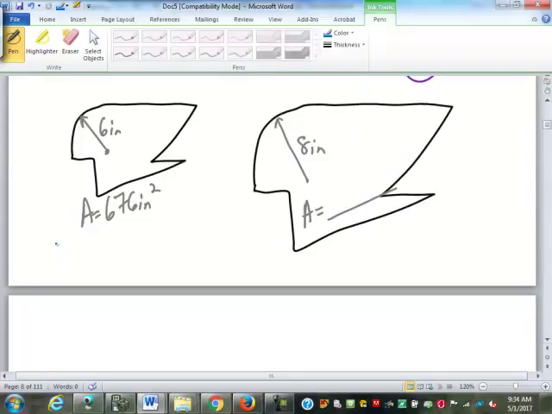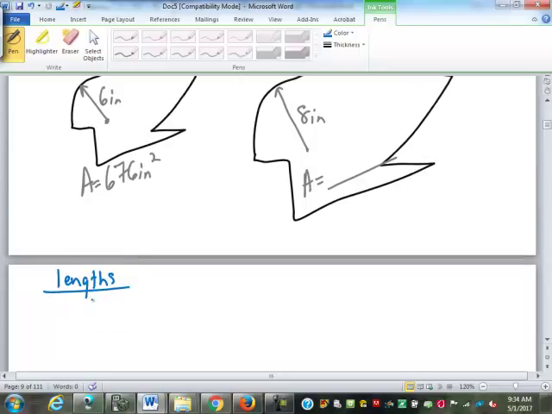Well, we start out looking at the ratio of lengths. The ratio of lengths is 6 inches becomes 8 inches. Now I'm going to reduce that just to make my life easier. Both of those, first of all, the inches cancel out and both of those divide by 2.